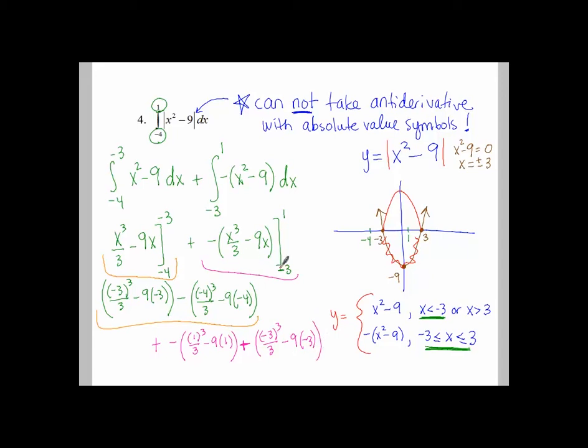All of that part. And then we can simplify. And simplifying in the end gives us 30 if we need to simplify.